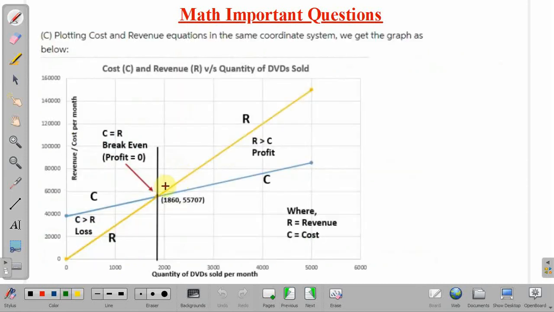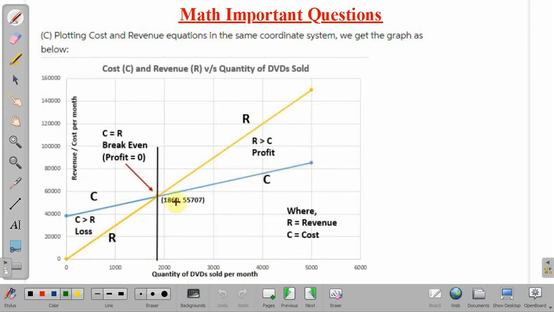Now plotting the cost and revenue equations, we get the graph like this. The vertical axis is revenue or cost per month, and the horizontal axis is the quantity of DVDs sold per month. R is revenue and C is cost. This line is our revenue line, and this is our cost line.